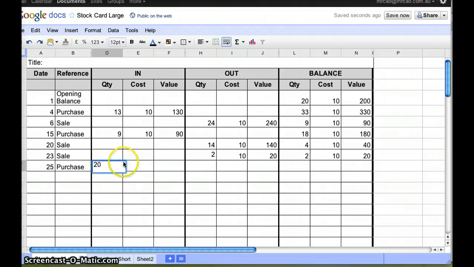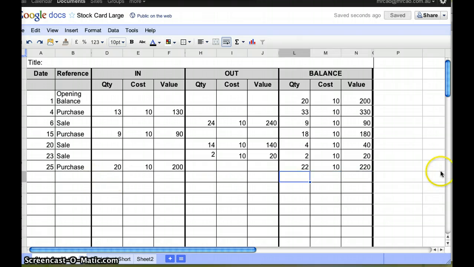So that's recorded in the in column because we purchased it, and that means goods are coming into the warehouse. So 20 pairs at $10 gives me 200. So my balance, what's left in my warehouse, is 22 at $10, which gives me 220 in my inventory altogether.